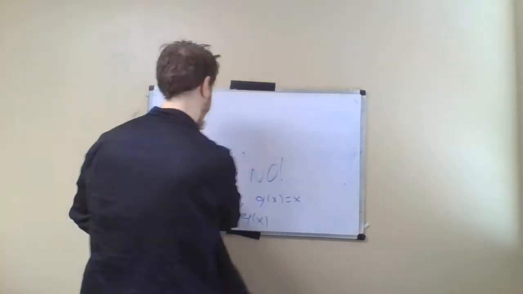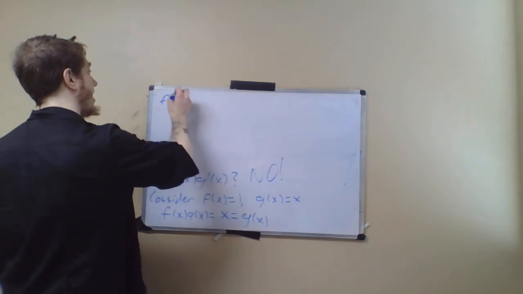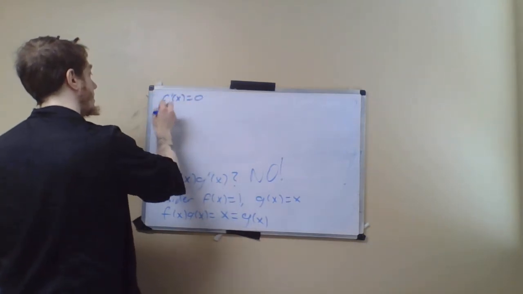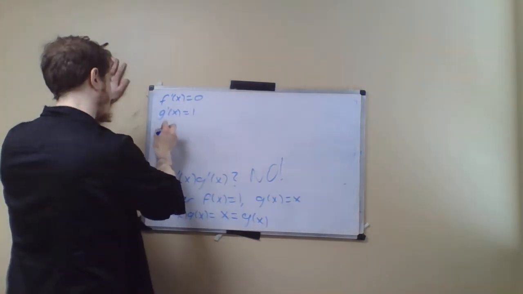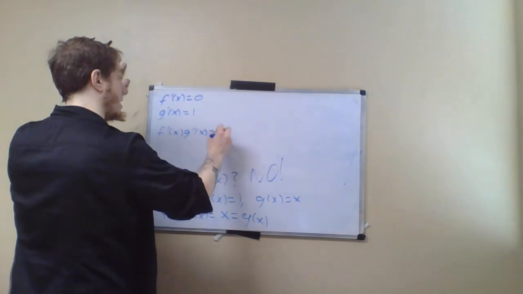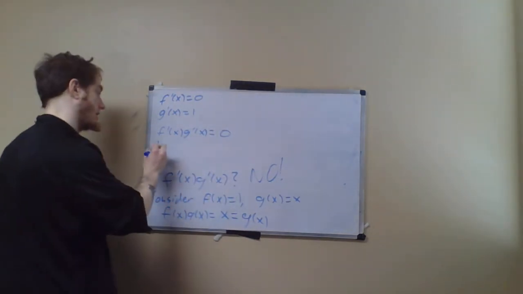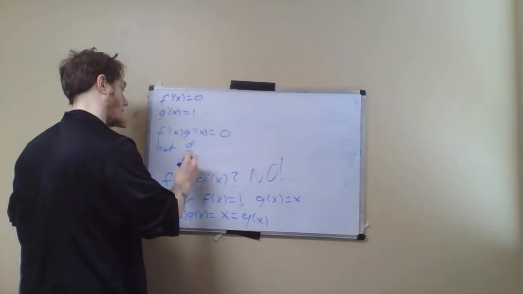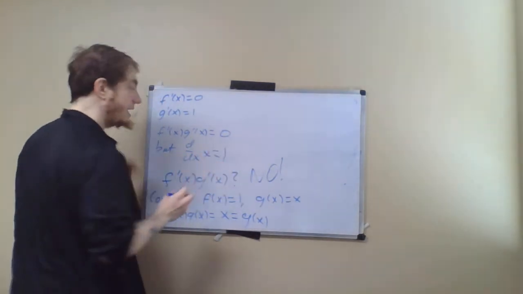But if we take the product of the derivatives, what we get here is f prime of x equals 0, g prime of x is equal to 1. Their product, f prime times g prime, is equal to 0, and the derivative of g, the derivative of x, which is the same as f times g, of course, is equal to 1.